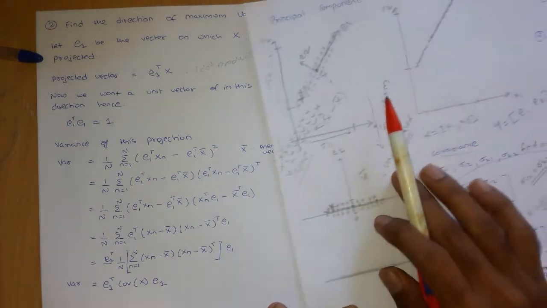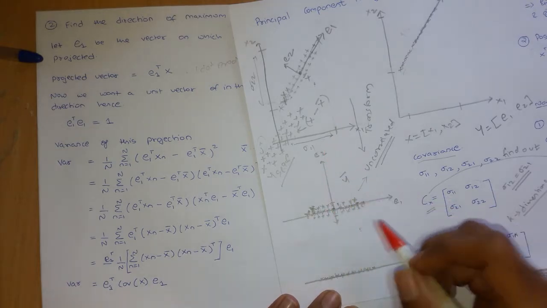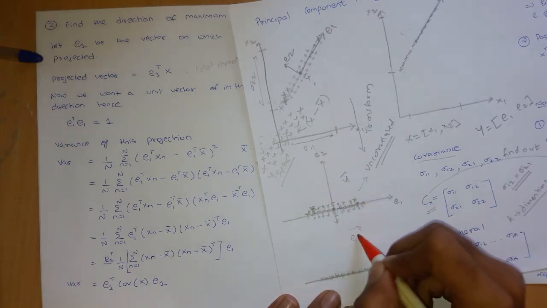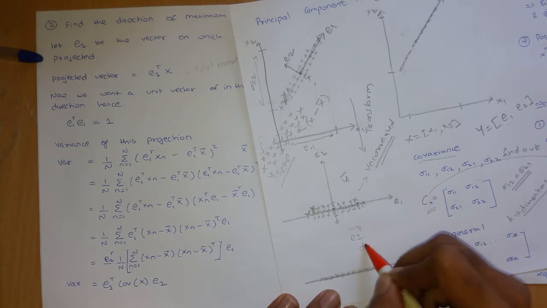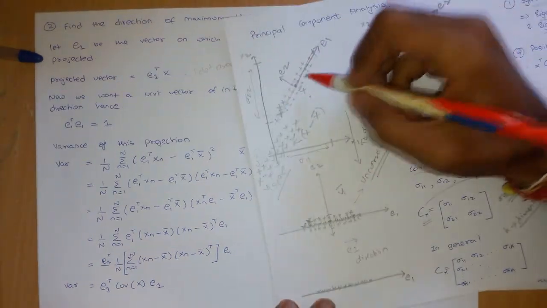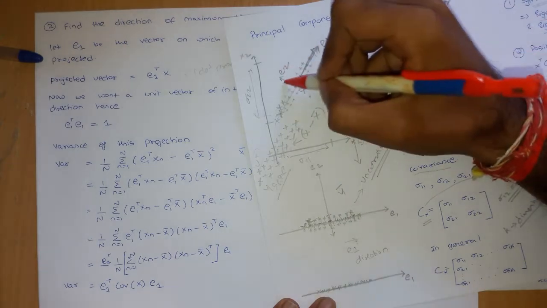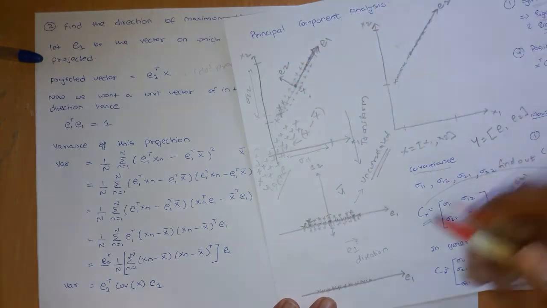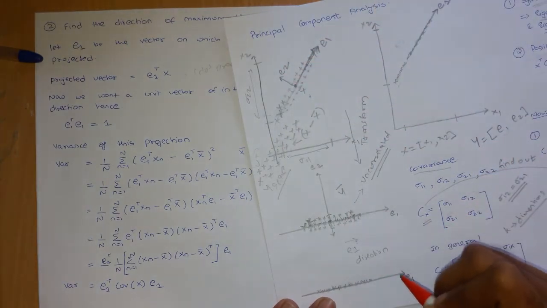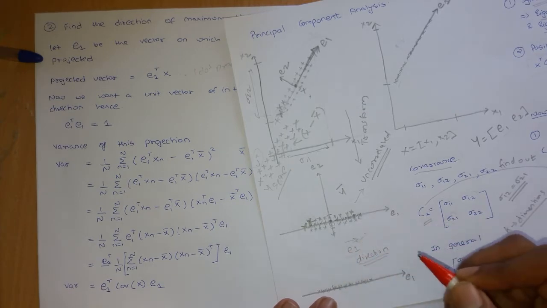Also, because these are axes, E1 and E2, E1 is just telling you the direction, that it is in this particular direction. So in this vector space, E1 is telling that it is in this direction, and E2 is saying this direction. What we are interested in is the direction. We don't want the magnitude.